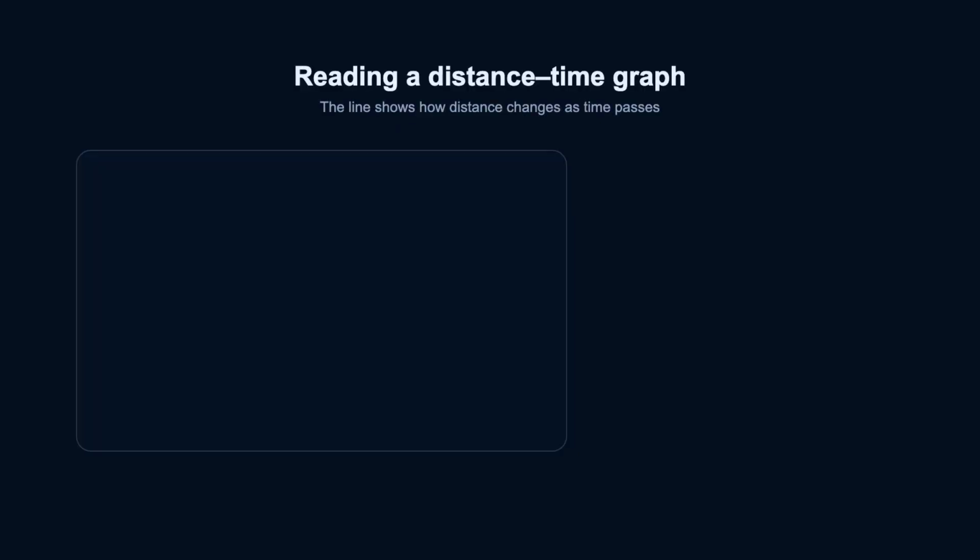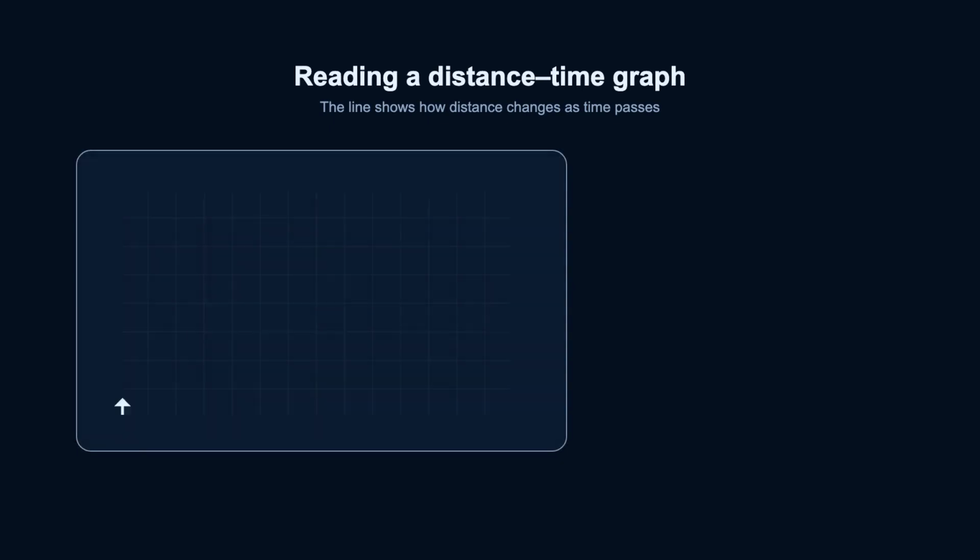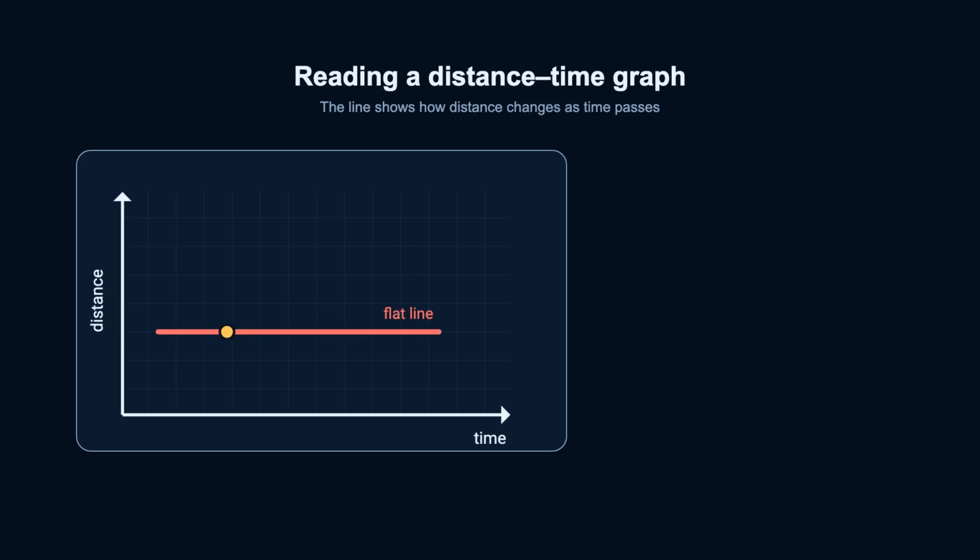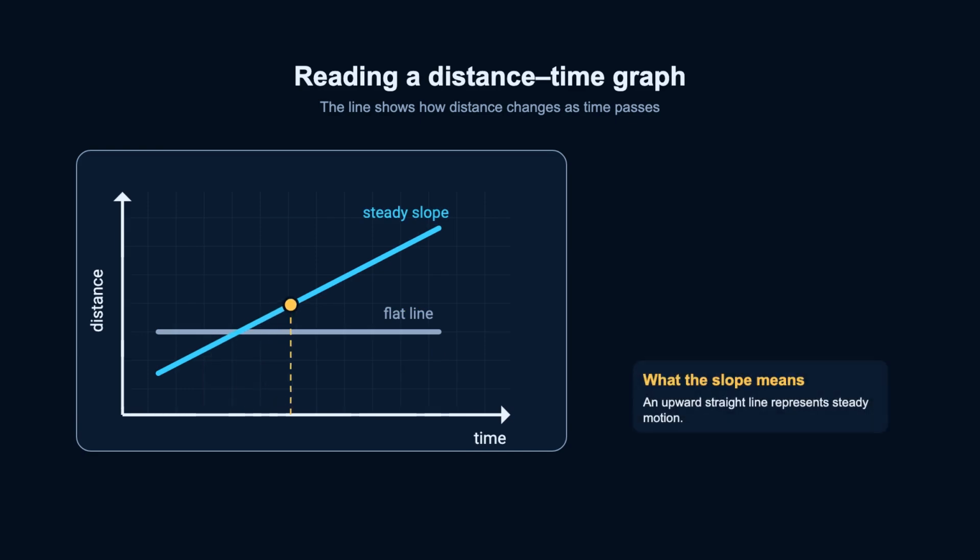Now look at motion drawn as a graph, with distance on the vertical axis and time on the horizontal axis. If the line is flat, distance isn't changing while time ticks on, so the object is at rest. If the line is straight but sloped upward, distance is increasing steadily as time passes, which means the object is moving at constant speed.